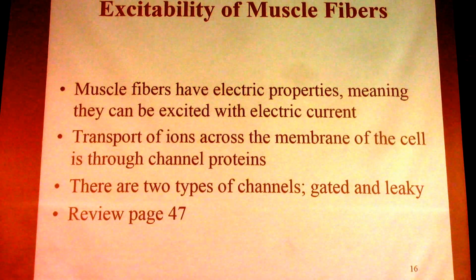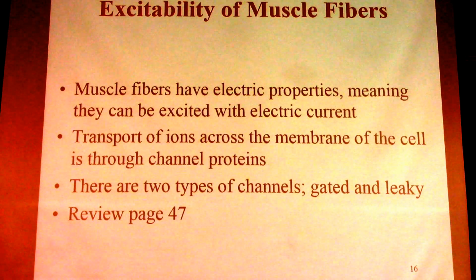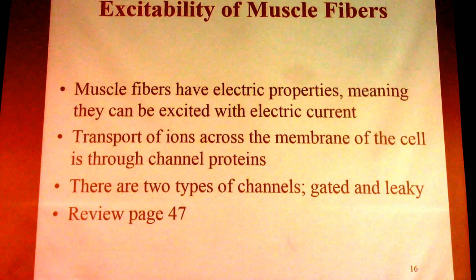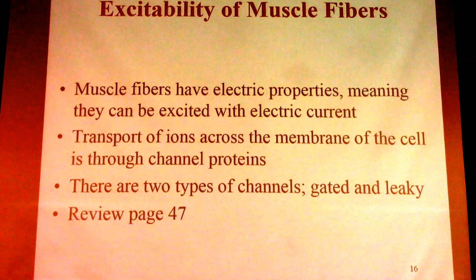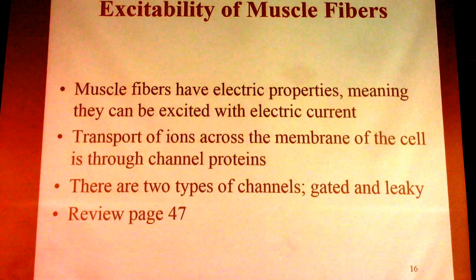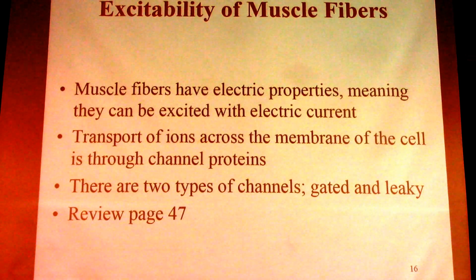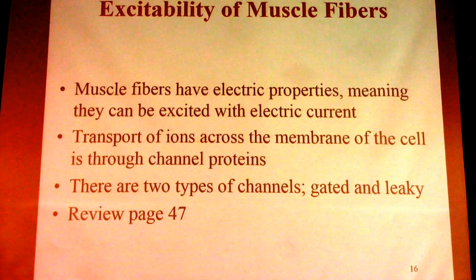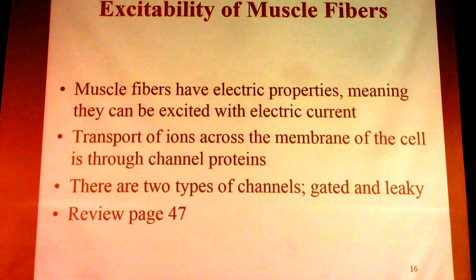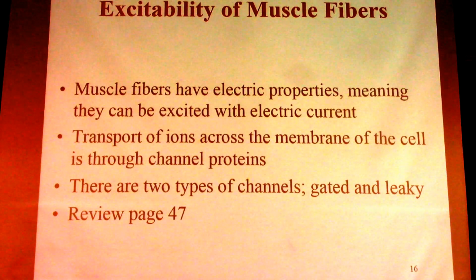They have many different types of channels that provide them some control over what goes inside and outside of the cell. And then they also have differences in terms of what is present on the inside of the cell versus on the outside of the cell. For example, we have more negative charges inside the cell, and there is more positive charge on the outside of the cell.